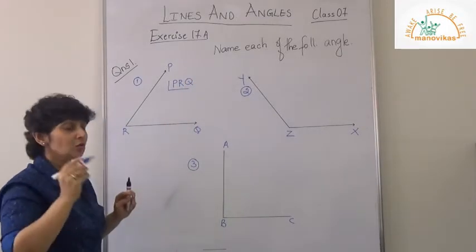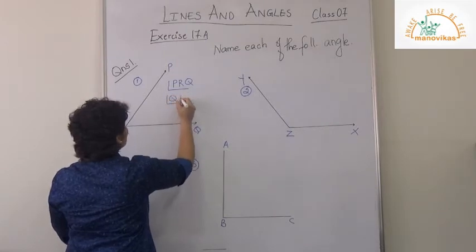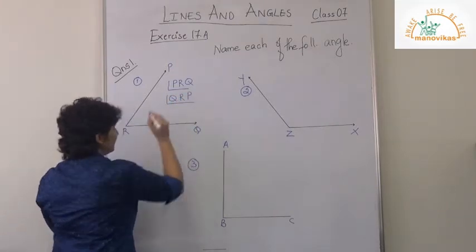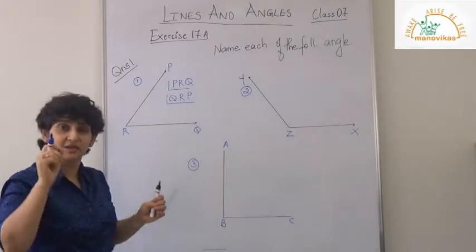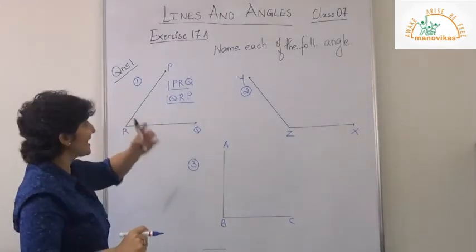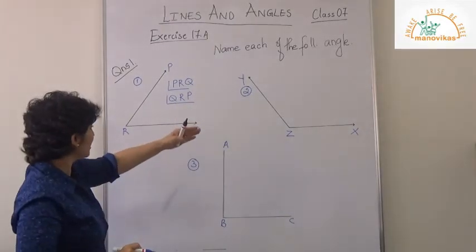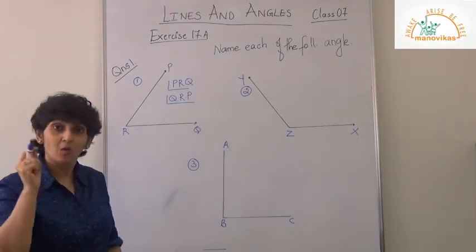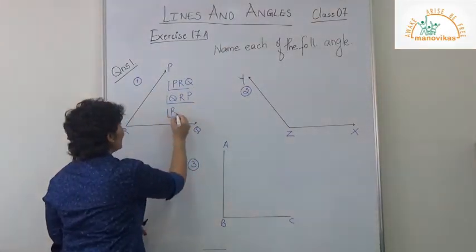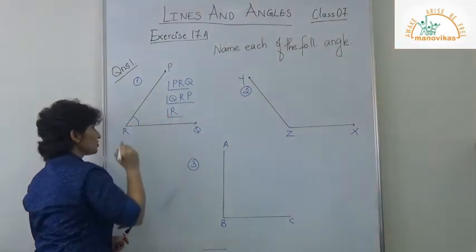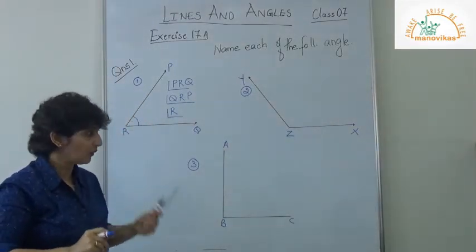I told you, you can also write it as angle QRP. Correct? I want you to write in all the three ways in your book. So you will write it as angle PRQ. Then you can write it as angle QRP or yes, simply as angle R, isn't it? This is your angle R. So you can name it in all the three ways.